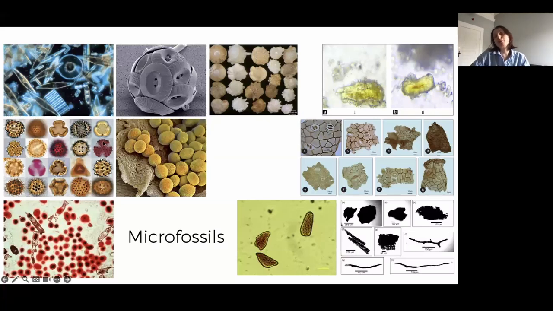And why are microfossils a good source of single genomes? Well, the first thing is that a large number of different species produce microfossils. There's a huge diversity of them. They range from single organism fossils, such as diatoms, coccolithophores and foraminifera. They can also be reproductive units, such as pollen and fungal spores.